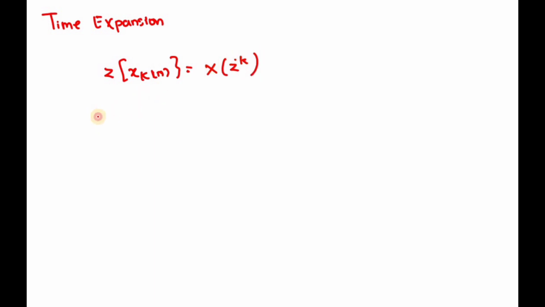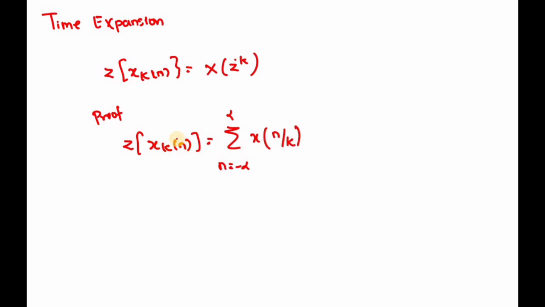Okay, so the proof: z transform of x of k n, that is equal to summation n is equal to minus infinity to infinity. This x k of n I can write as x of n by k. So that is a representation.